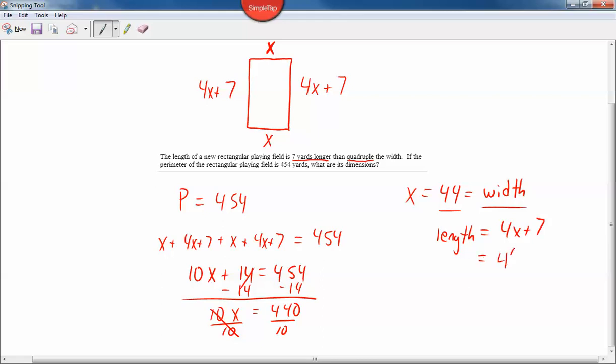So 4 times 44 plus 7. Alright, so that's 176 plus 7, or 183 yards.